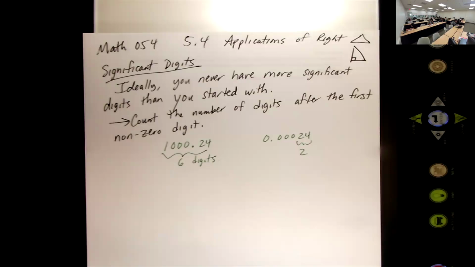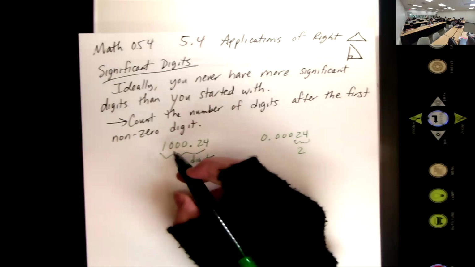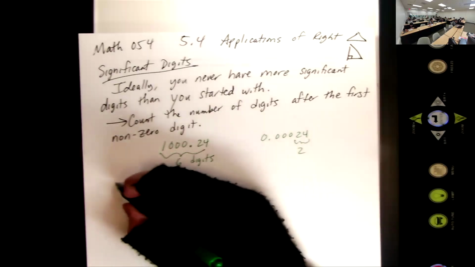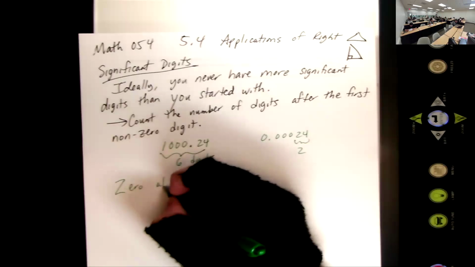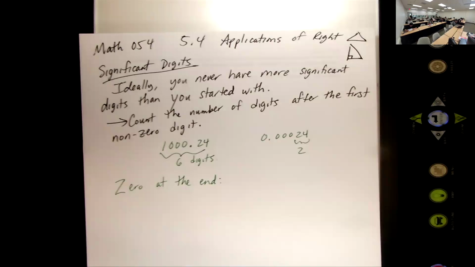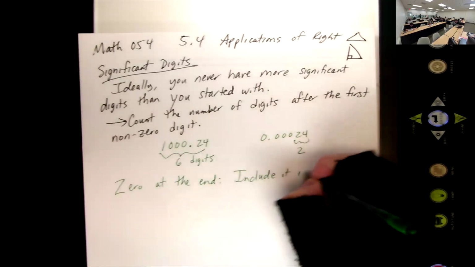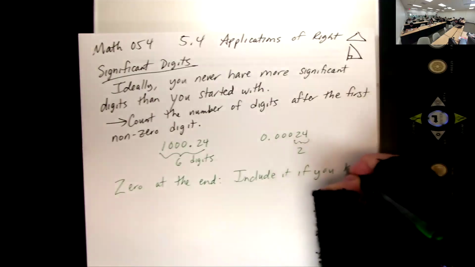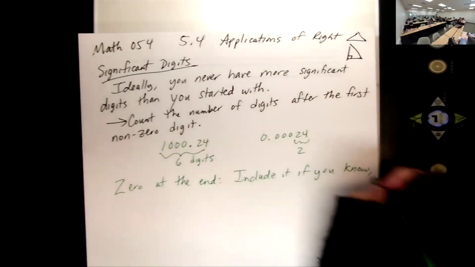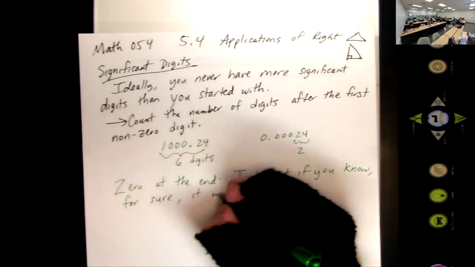There is some argument on zeros afterwards. Usually if it's a 0 at the end, include it if you know it wasn't from rounding. For sure, it wasn't rounded.